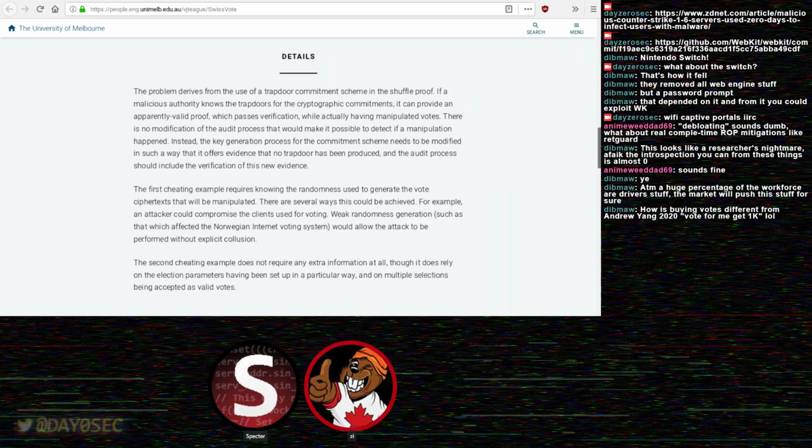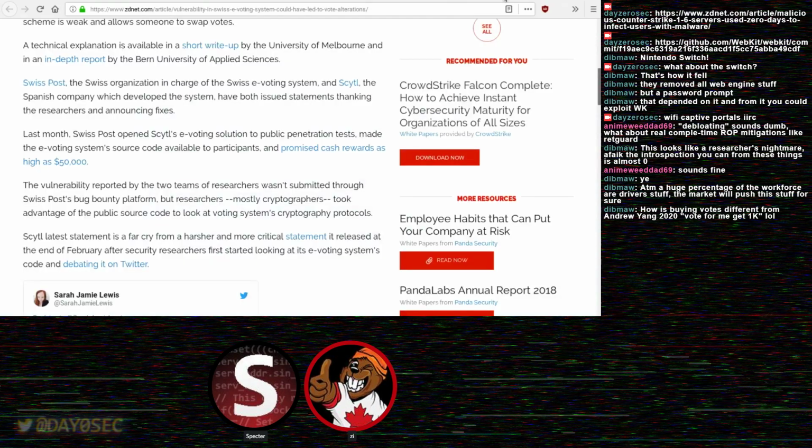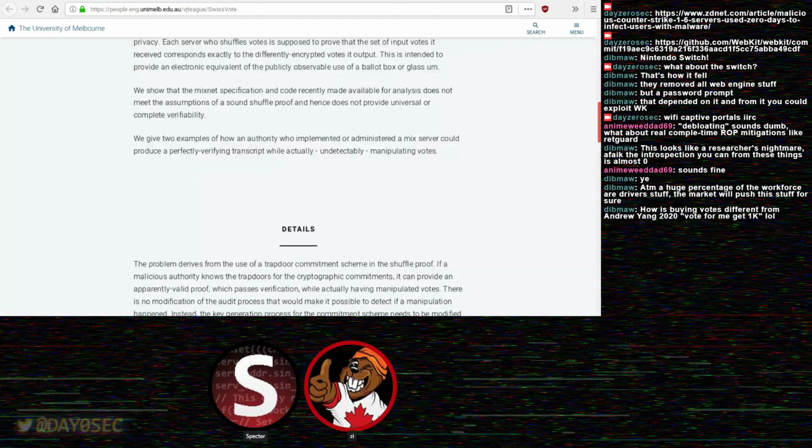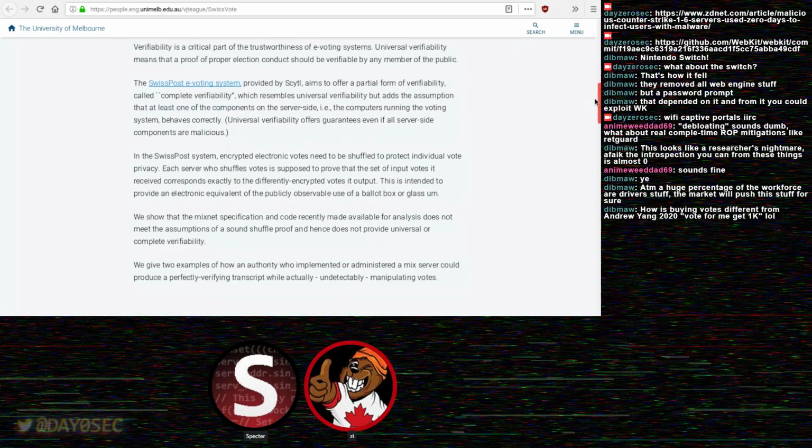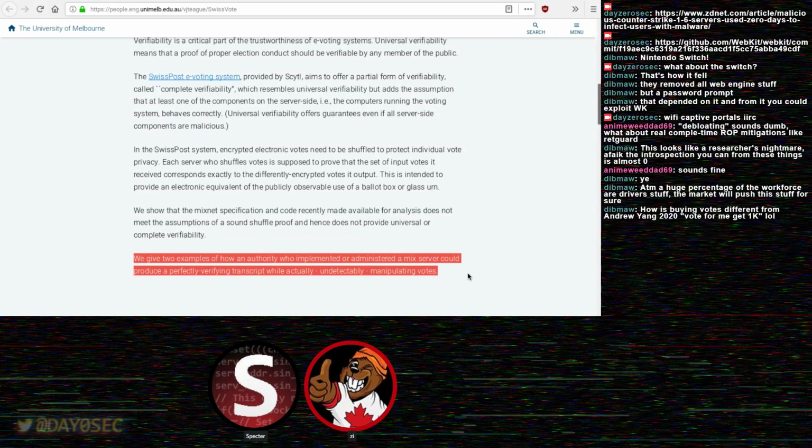The other way of breaking this is if you're able to set up the election itself in a particular way. What was important was you had to be able to make multiple selections, which seems, I don't know. I couldn't find enough information on exactly how the multiple selection issue worked.